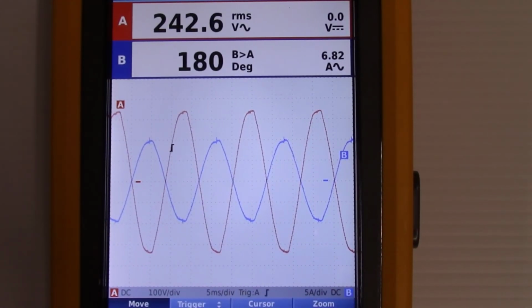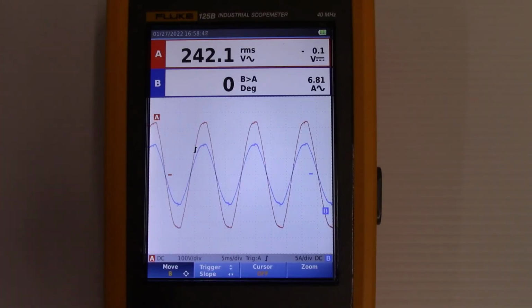Okay, that is incorrect, so we need to fix that, put it back, and make sure they're phased correctly before you do any power measurements. Again, that's why I like to get a visual of what I'm doing before I do my power quality measurements. Now you notice that the phase angle between B and A is 0, and that's because this is a purely resistive load. I'm actually measuring a heater, so that is correct.